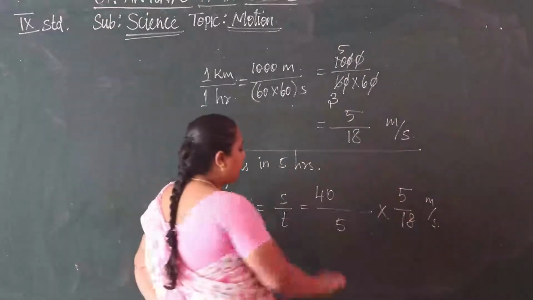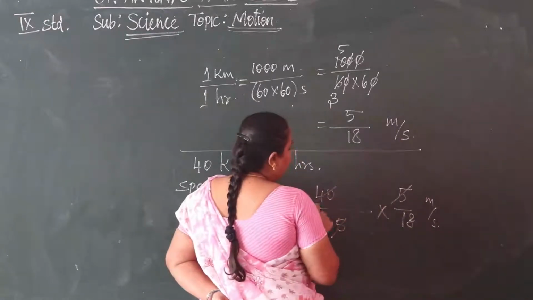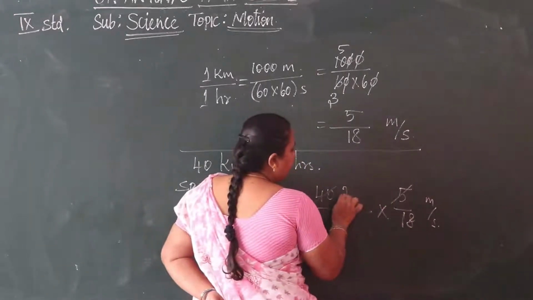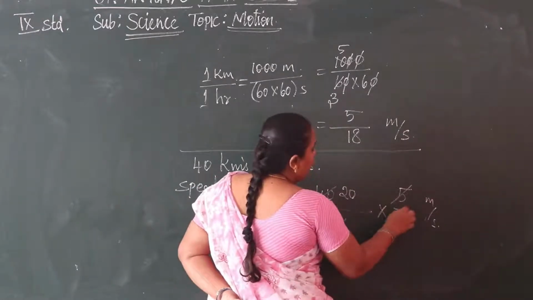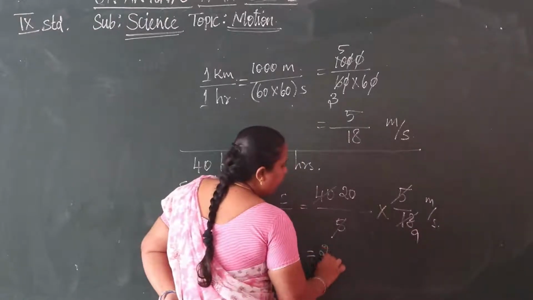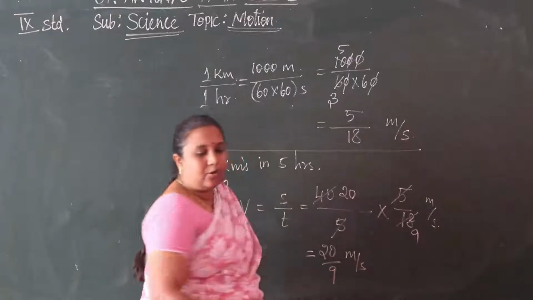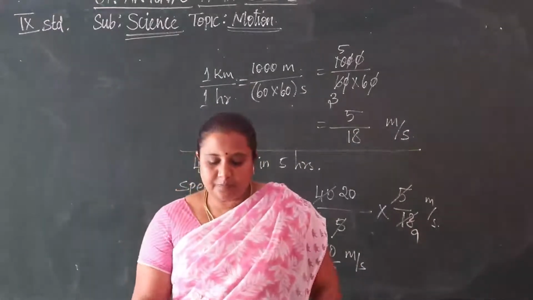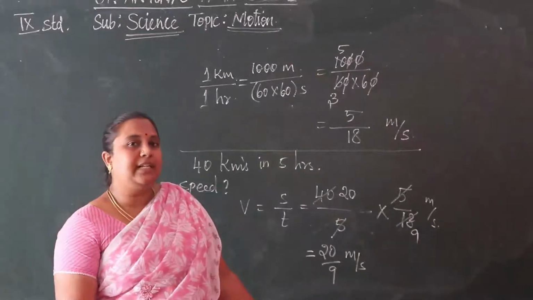Okay, so now this 5 and 5 get cancelled. Here 2 20s are... so 2 9s are 18. So 20 by 9 meter per second. This we can write in decimal points also, or otherwise we can leave it as it is.